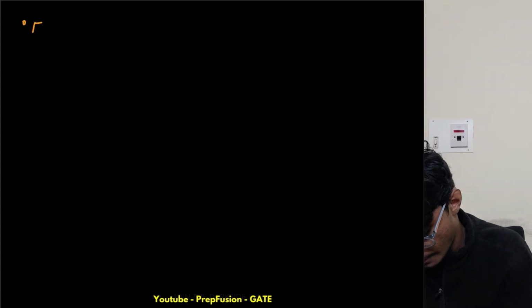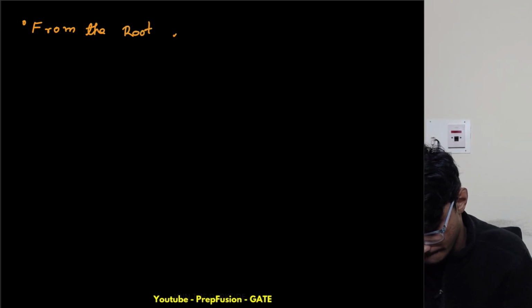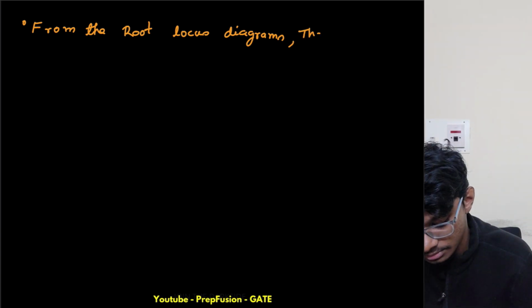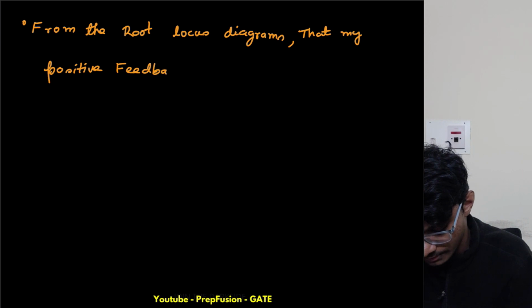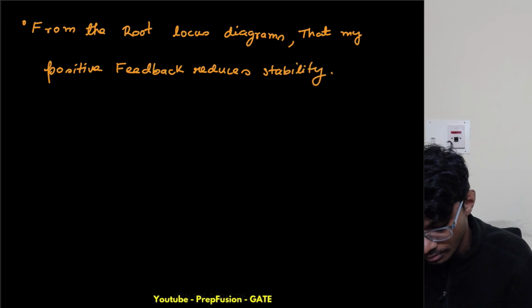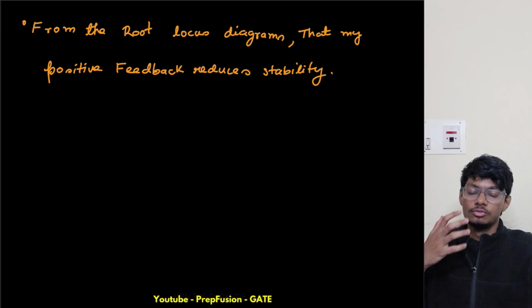So from the root locus diagram I can see that positive feedback reduces stability, right? That's why we generally tend to avoid the use of positive feedback.